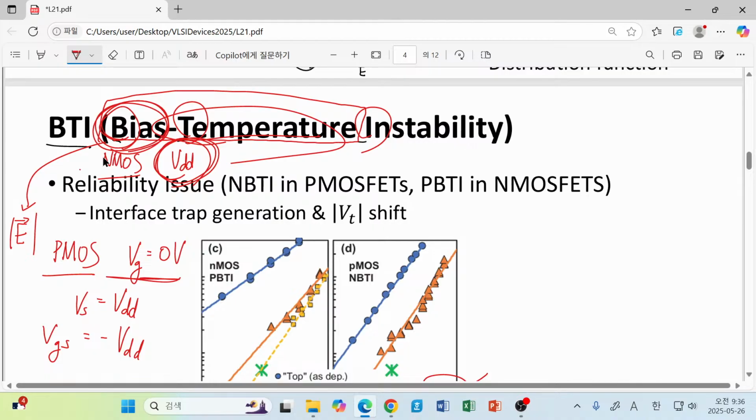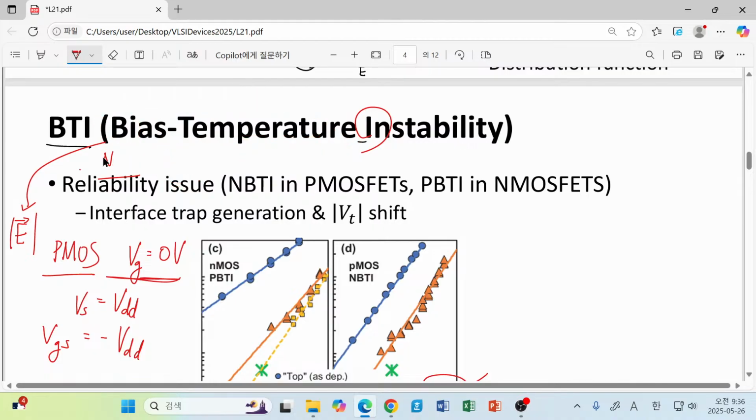In this case, what happens? Bias temperature means the condition to apply stress. When this kind of stress is applied to our device, the result is this one.